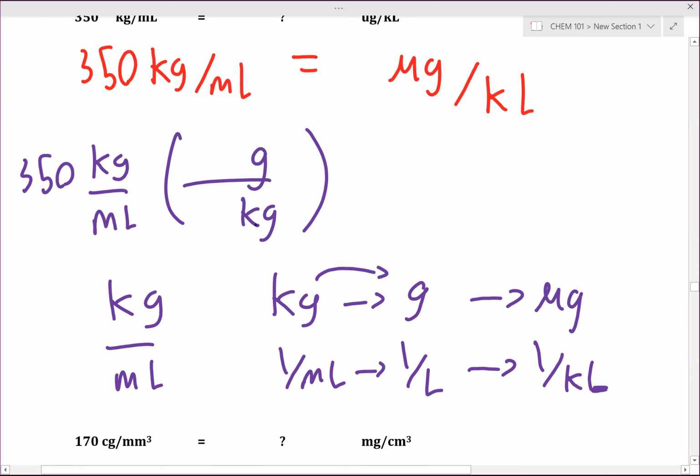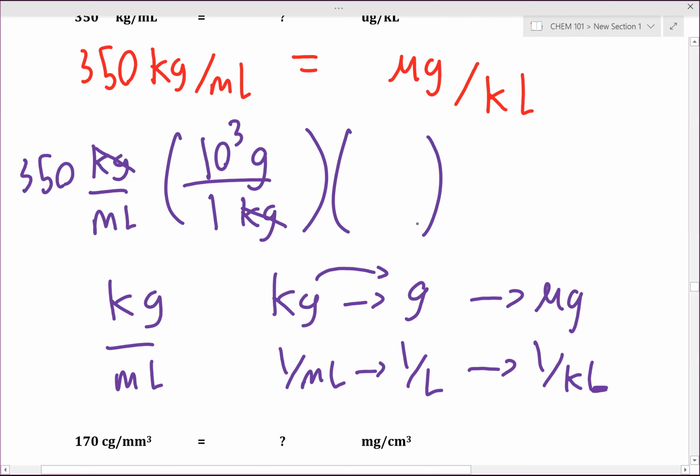So you set up your conversion factor so the undesired units are on opposite sides and the desired units are in the same location as in the final answer. So how many grams are in a kilogram? Yep, 10 to the third. Just as a reminder, the power of 10 always stays with the base unit.